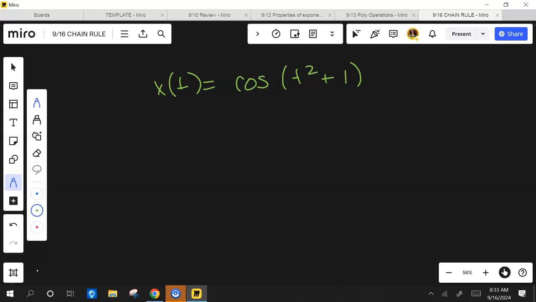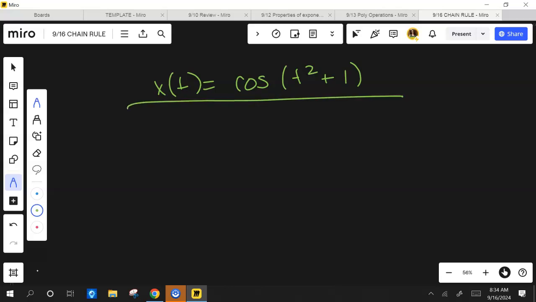An object moves along the x-axis so that its position at any time is given by the function.